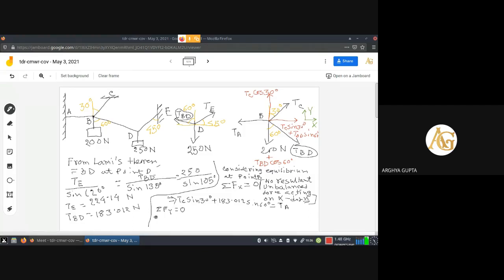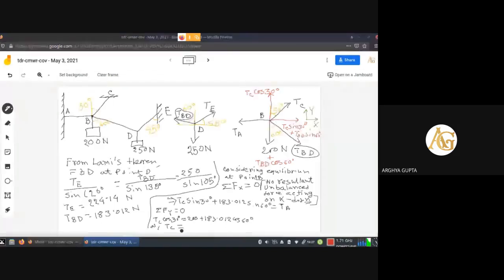I will have TC cos 30 degree is equal to 200 plus the TBD value, which is known, 183.012 cos 60 degree. So the unknown force is TC only. From this equation, the value of TC can be found.